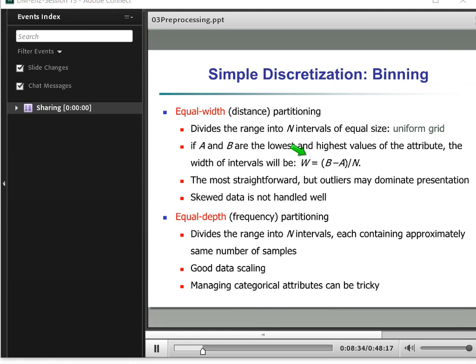In the equal depth or equal frequency strategy, we make some bins and then we put data in those bins such that each bin has an equal number of items.